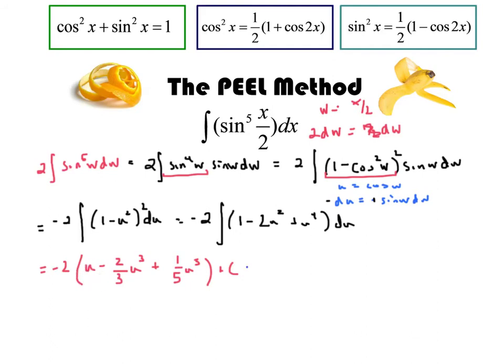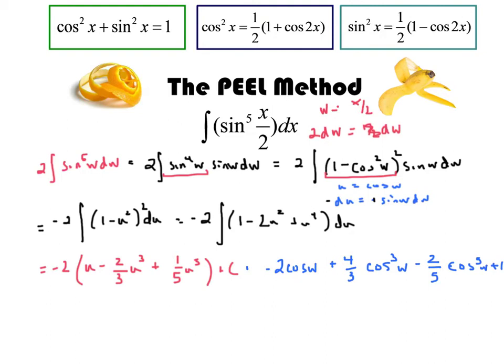So I'm going to have negative 2 cosine w plus 4/3 cosine cubed of w minus 2/5 cosine to the fifth of w plus a constant out here at the end.